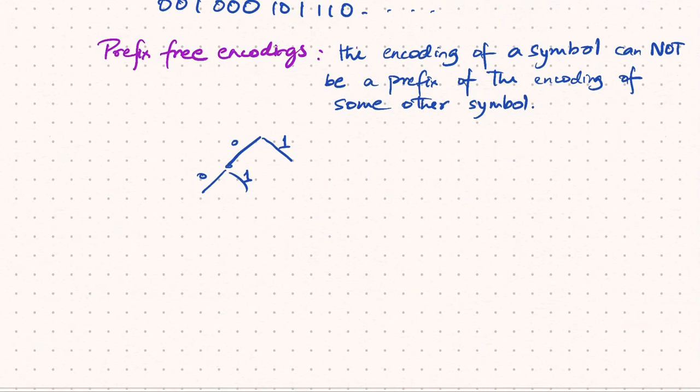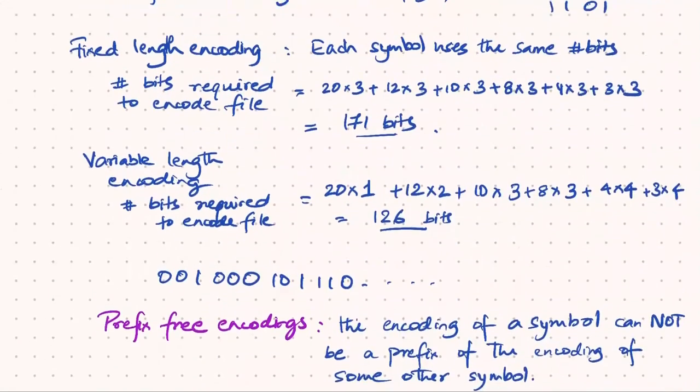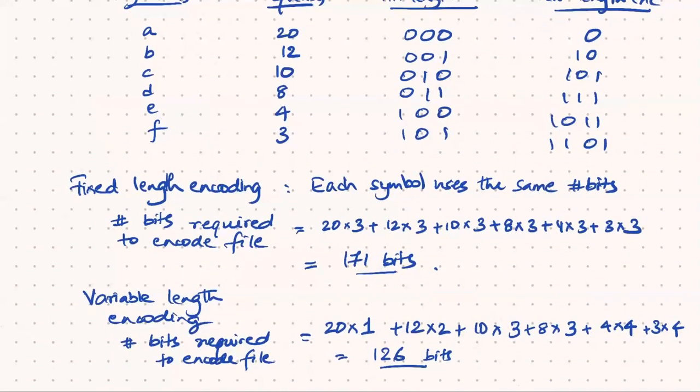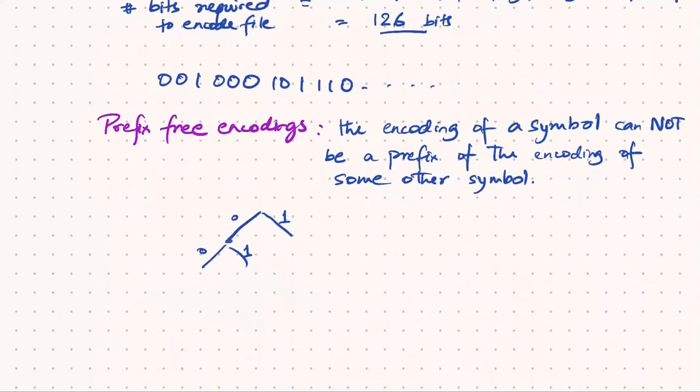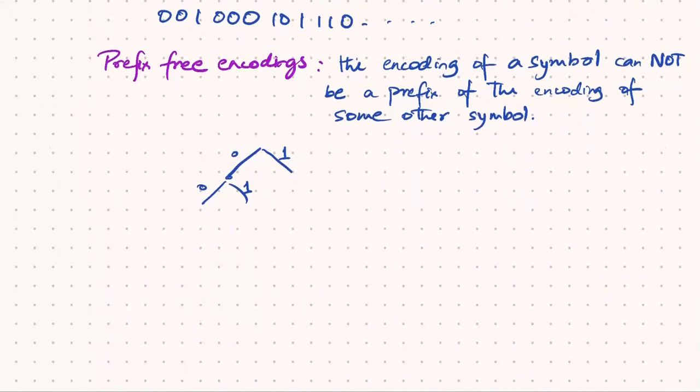If you go back to the same example, we had our encoding of B as 10 and C as 101. So if we see here, we have 1 0, and again 0 1.